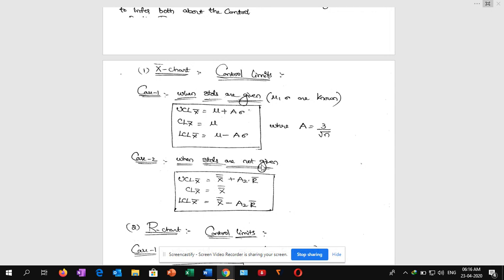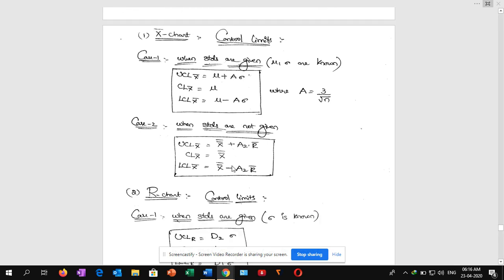Generally, questions are given with standards not given. If standards are given, then the values of mu and sigma are given directly, and we substitute the values and do the problem. When standards are not given, no direct values are given. We have to consider the values, do some process, and then find the UCL, CL and LCL, and say whether the process is under statistical control or not.